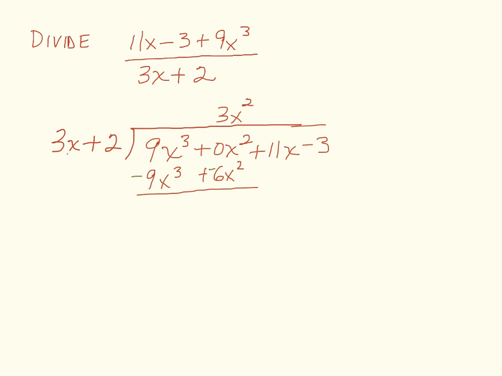Subtract each term, so the signs change. Then we combine, so we get negative 6x squared again. Then we bring down the 11x.